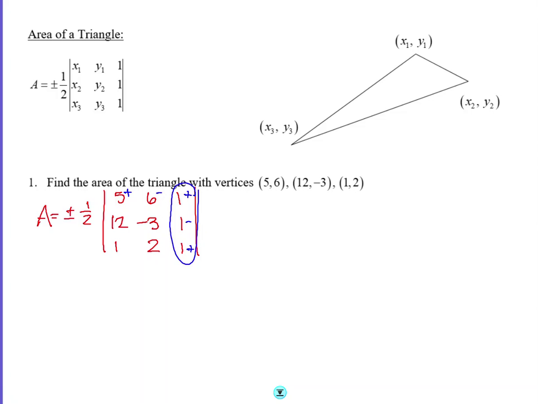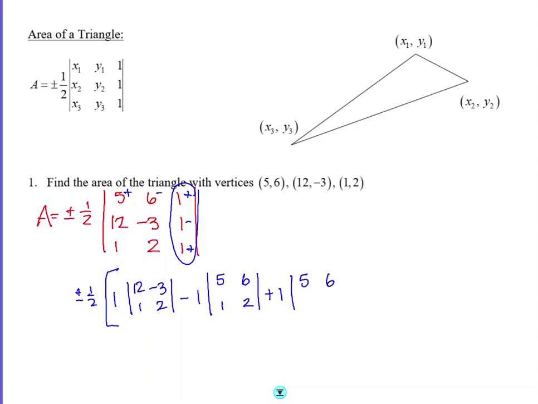So when I find the determinant of this matrix, I'm going to have plus or minus 1/2 times 1 times, cross out the row and column, the determinant of the matrix 12, -3, 1, 2, minus 1 times the determinant of the matrix 5, 6, 1, 2, plus 1 times the determinant of the matrix 5, 6, 12, -3.